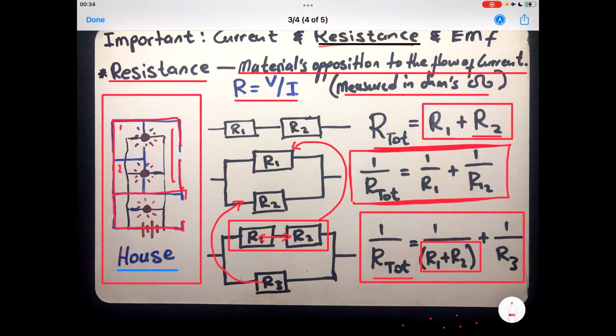So it only makes sense to have a parallel connection so that when you switch off there, there's the switch, you just want this light bulb only to switch off and the rest remains as they are.